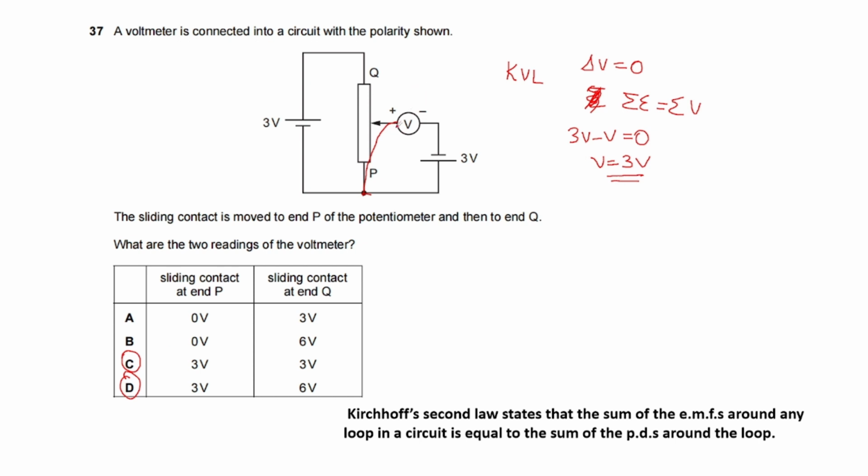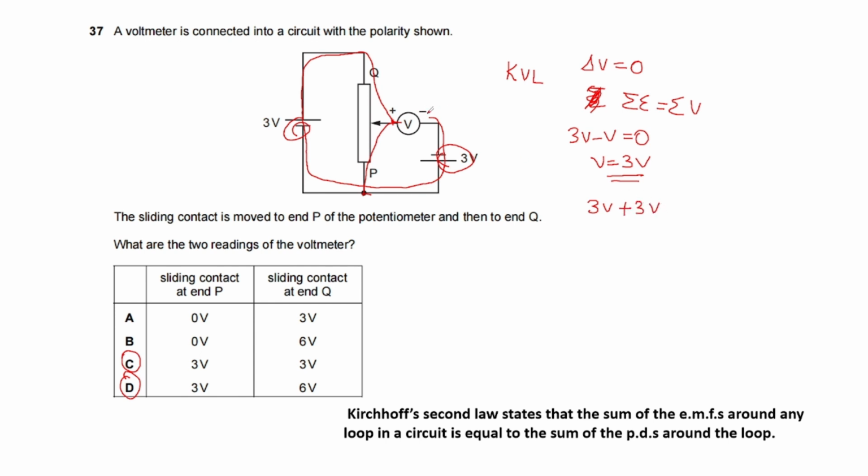Then we can check for the end Q as well. So if it is connected over here, now this is the complete circuit, right? So here, if you are considering the movement from this position, wherever, the summation of EMF will be 3 volts, this one and this one, plus 3 volts, right?